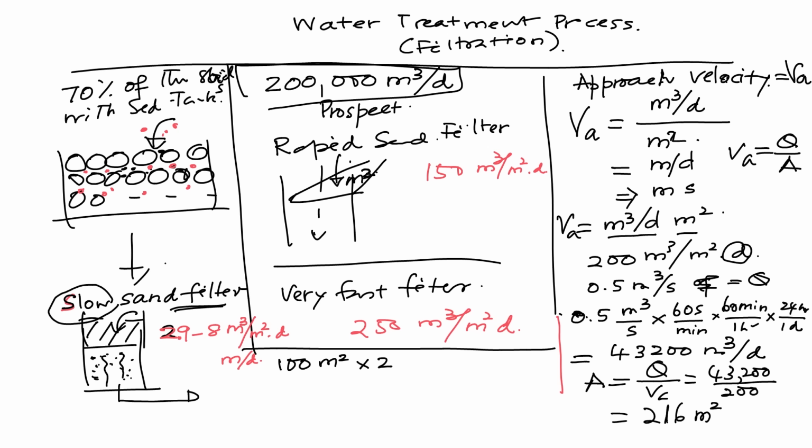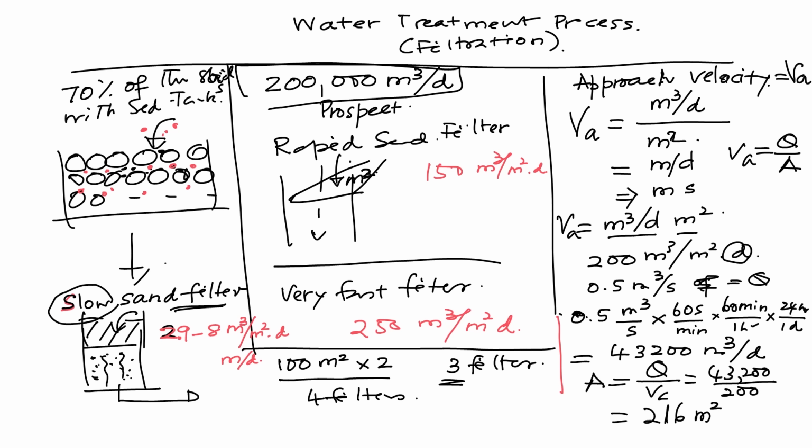So therefore you cannot have just 2 filters. 2 filters is not enough. We have to have at least 3 filters. Then you can have 1 filter closed and then 2 filters working at any time. But in a water treatment plant, they don't have 3 filters, they usually have 4 filters.